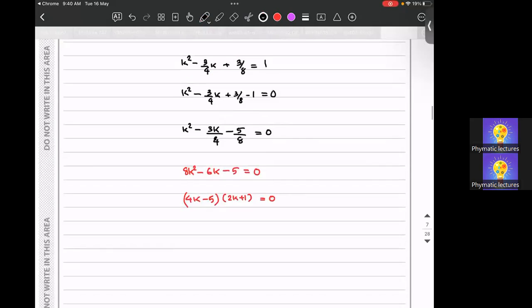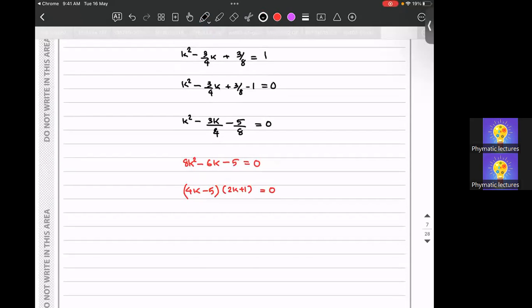So what are the two values of k we will be getting? Either k is equal to 5 by 4, that is 1.25, or k is equal to minus half, which is minus 0.5.